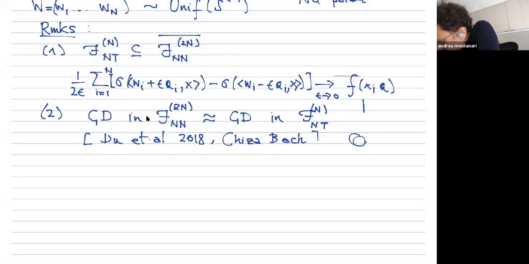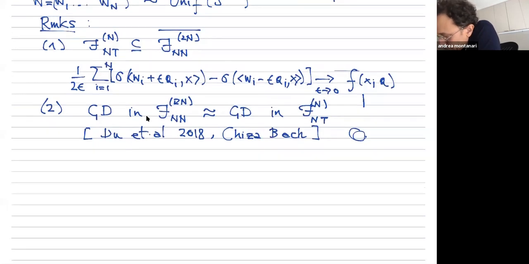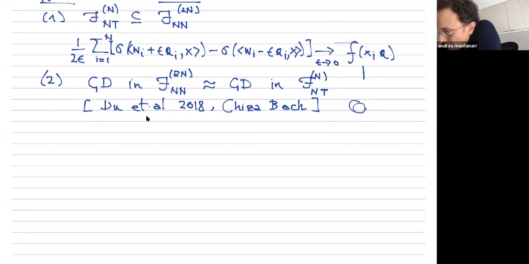In particular, Chizat and Bach showed that if you scale appropriately the initialization and the gradient descent, gradient descent in the neural network model converges to gradient descent in the neural tangent class. Okay, so this is the general type of thing that we'll be doing.